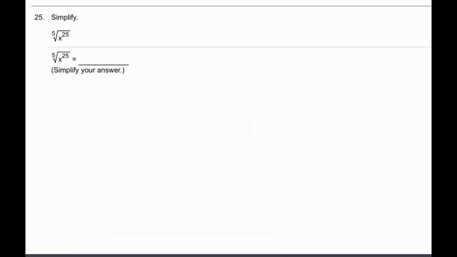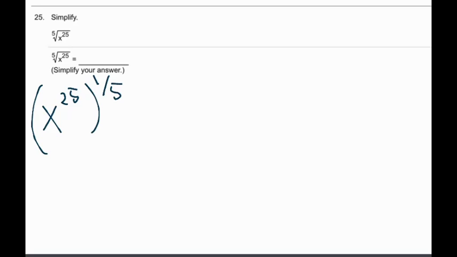Okay, so first off, notice it's asking us to simplify. Alright, so there's a couple ways to look at this. One way was to rewrite this in such a way that we have a fractional exponent.